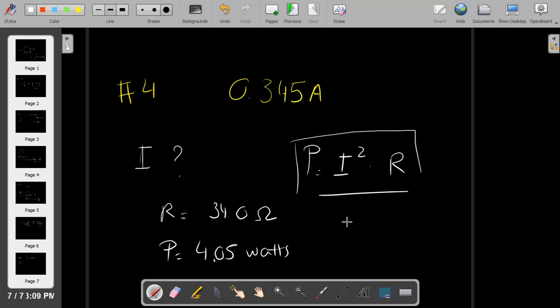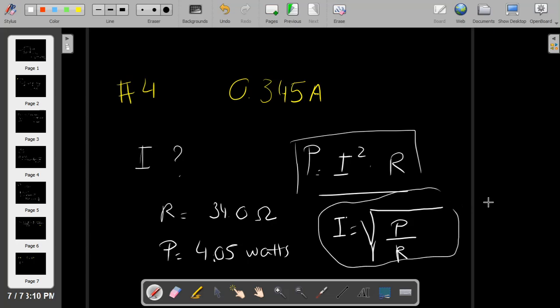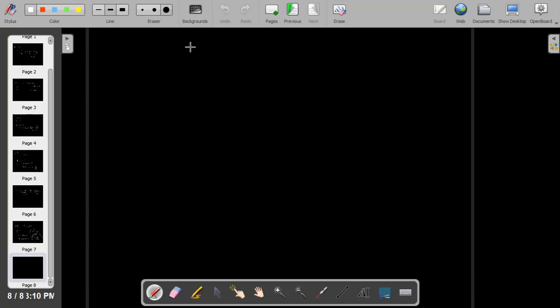You just need to modify it. Your current is going to be the square root of what? Well, your power divided by your resistance. Solve these because you have all the numbers. You have them all. All the numbers you need are there. So let me get another page and put the numbers in for you.